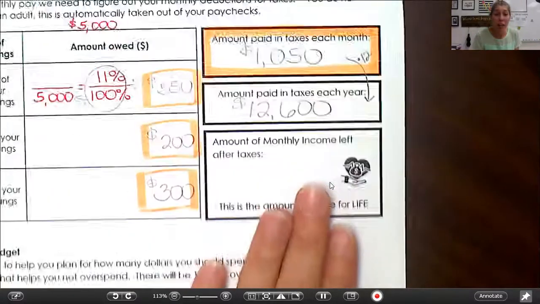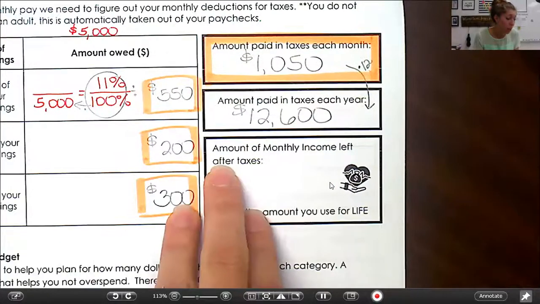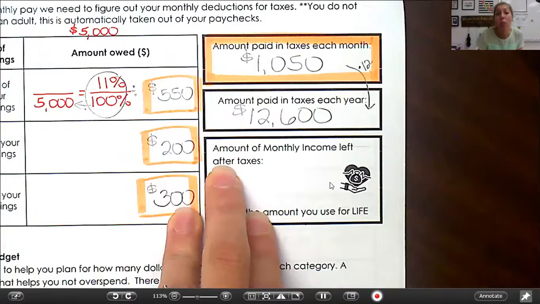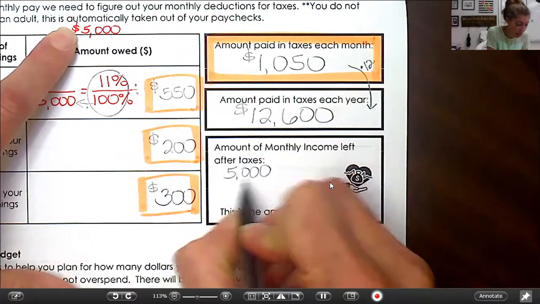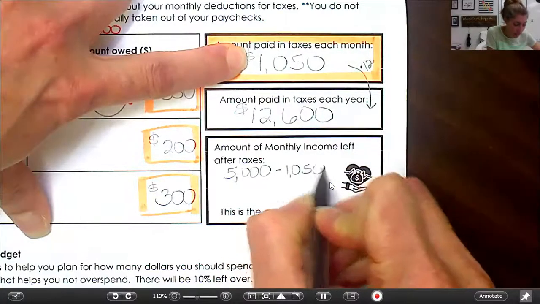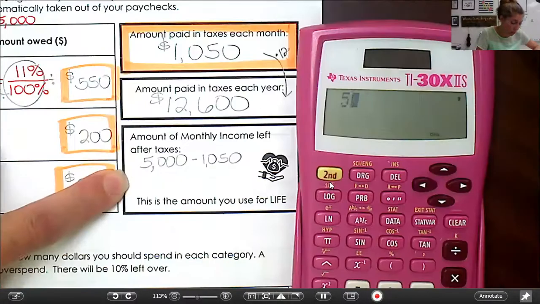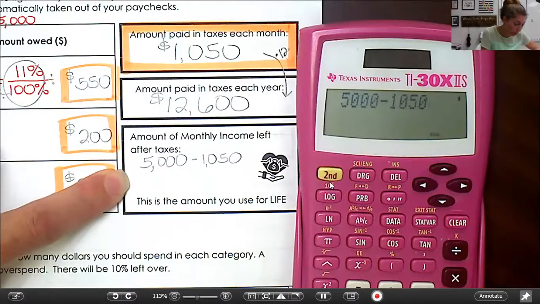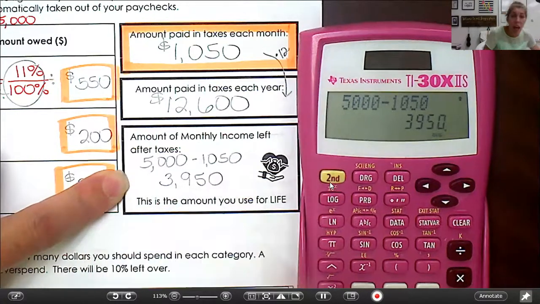So now that we have the year amount, let's go back to the month for a second. This is where we really figure out, what do you have to spend for your life, for your budget? So we're going to take that $5,000 starting income and subtract the 1,050 that I pay in taxes each month to get my leftover of 3,950.